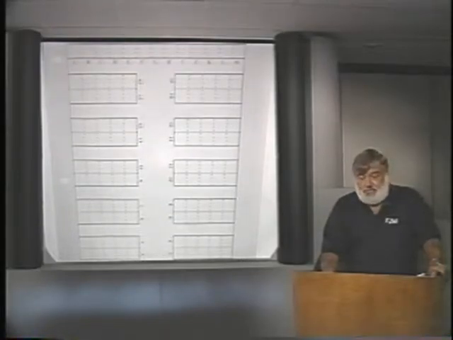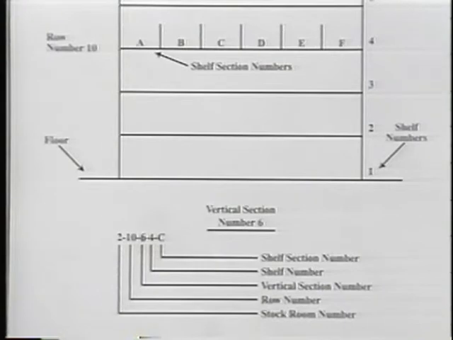So what I've tried to do here is to address one of the bins by section, and in this particular case we are in vertical section number 4, and that's identified by the nomenclature described in the lower left-hand side, which is the complete bin location system for a particular item.